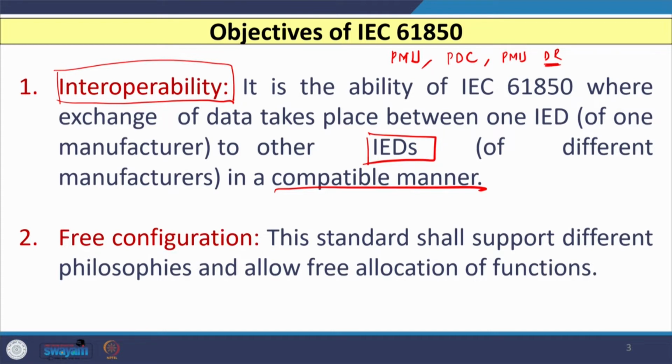The second objective of IEC 61850 is free configuration. Utilizing these standards, different philosophies are supported, and free allocation of functions is allowed. Any function that can be defined in a particular IED manufactured by one manufacturer can also be defined in a different IED of a different manufacturer, and communication between these two IEDs of different manufacturers is possible.